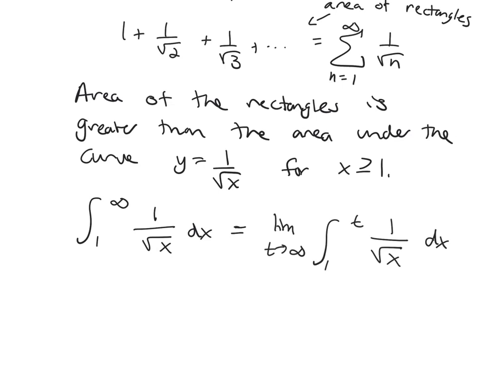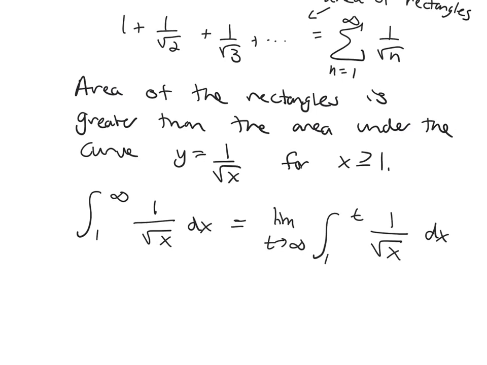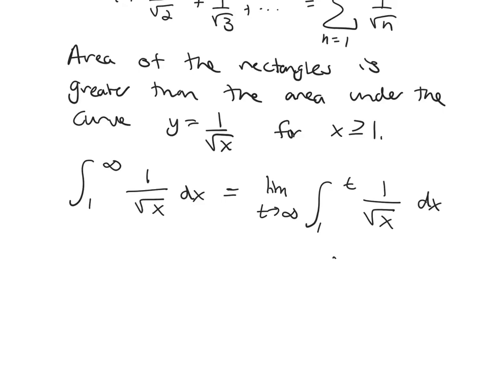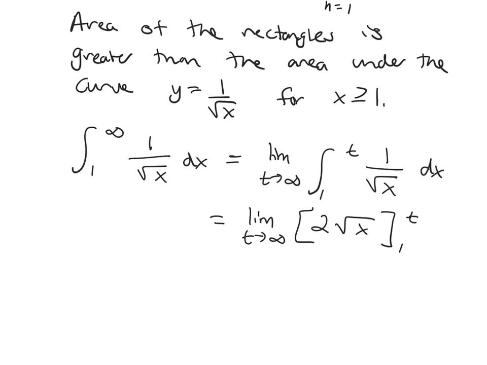Because that's x to the negative 1/2, it will be the square root of x divided by 1/2, so it'll be 2, from 1 to t. So let's plug in: 2 square roots of t minus 2.